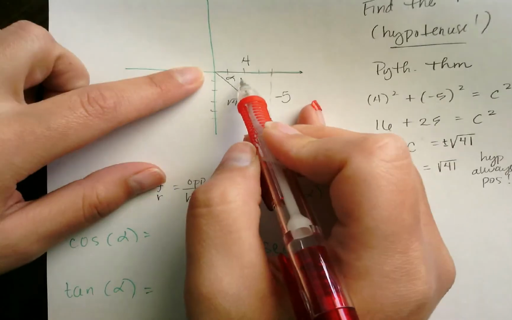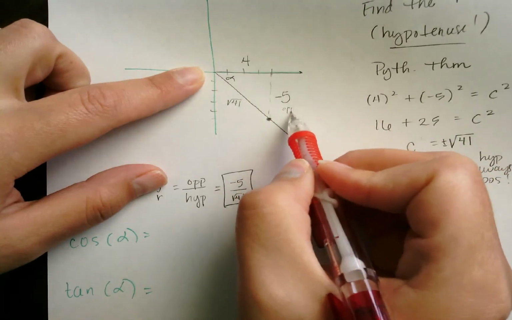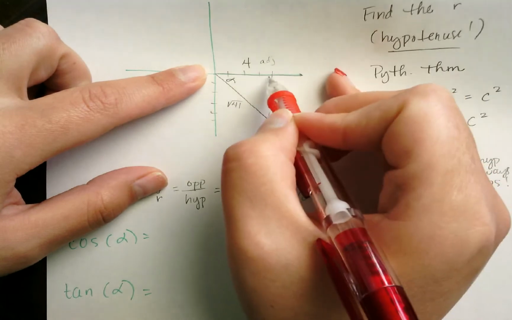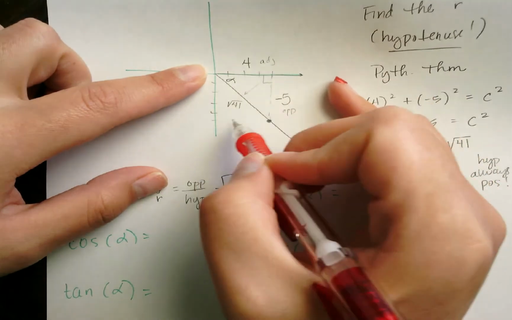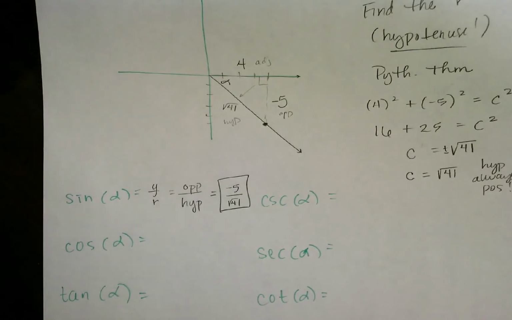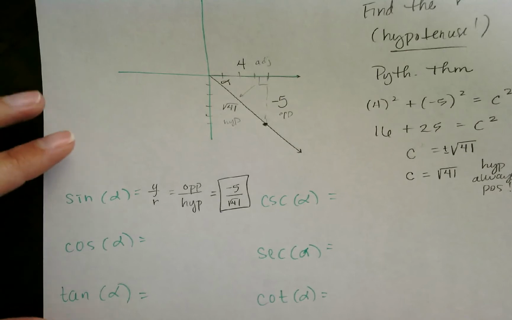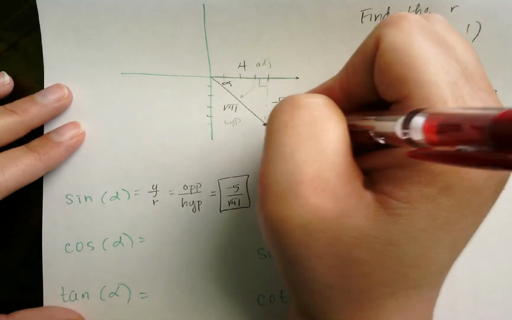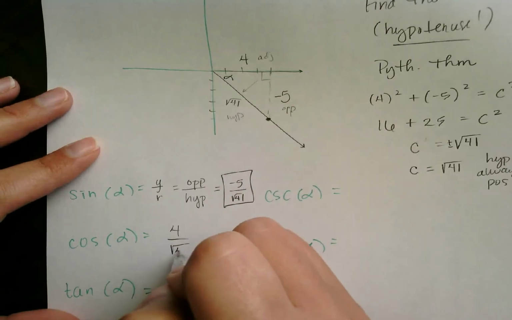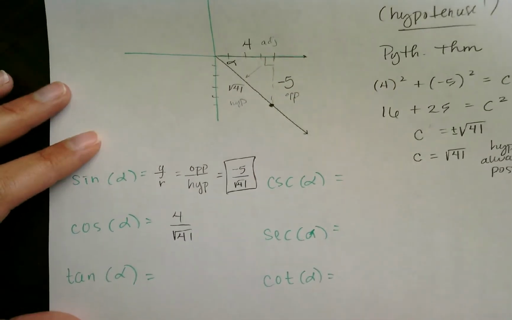So remember, if this is my alpha, this is the opposite side, and this is the adjacent side. And remember, across from the right angle is always your hypotenuse. So you can see it either way, with definition number 1 or definition number 2, I'm okay with either one. They both work.